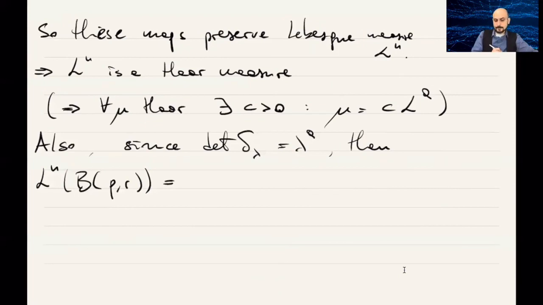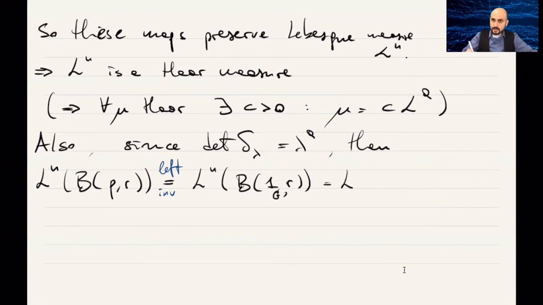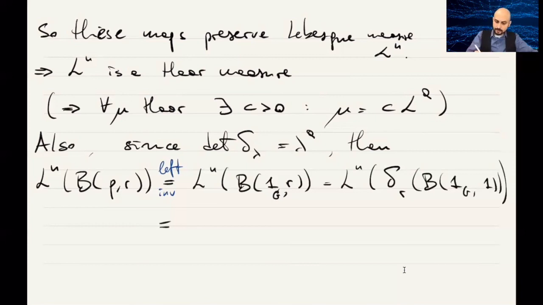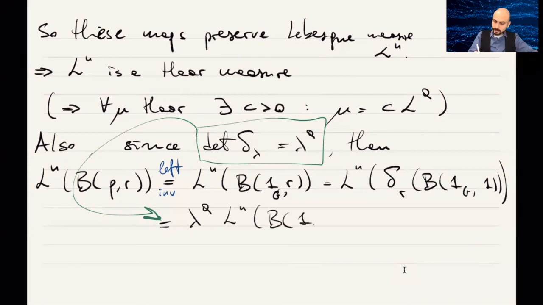Now, by left invariance, this is the same as the Lebesgue measure of the ball centered at the identity, that is R, the identity of the group. Now, because of dilation, we can write this as the dilation by factor R of the ball with radius 1. Now, because of this property here, this is the determinant of delta lambda, so it's lambda to the Q times the Lebesgue measure of the ball of radius 1 at the identity. Okay? So where lambda is R.